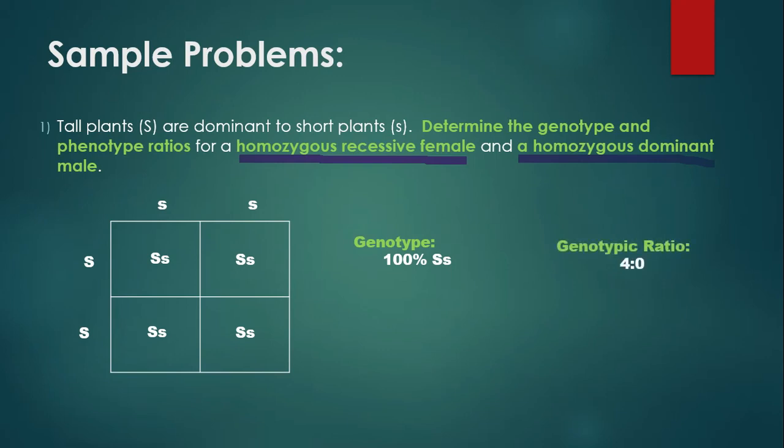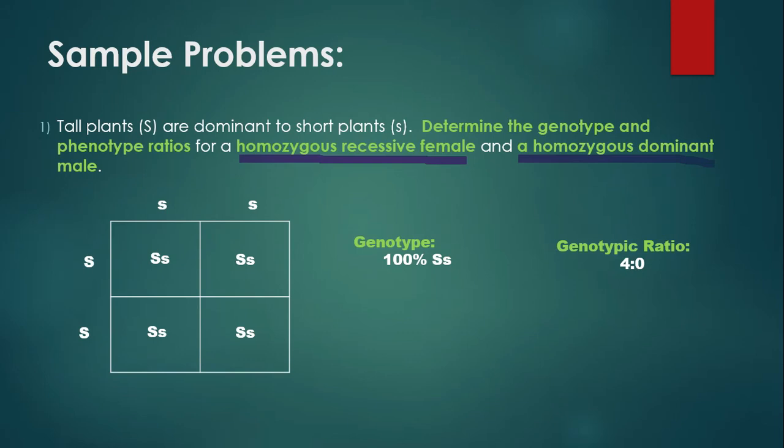Now for the genotypic ratio, that is 4:0. Why? Because all of the results were heterozygous. All four results of the cross are heterozygous. None of these were expressed as either recessive or dominant.